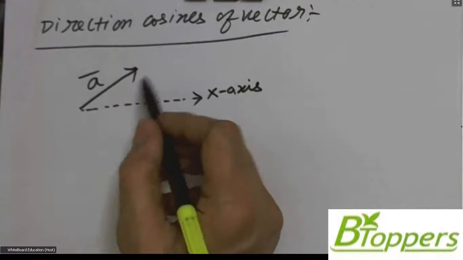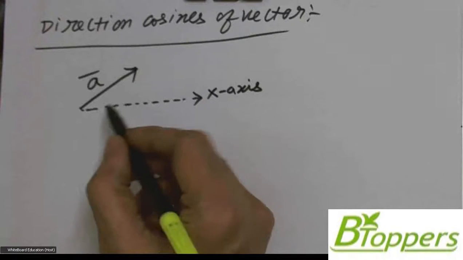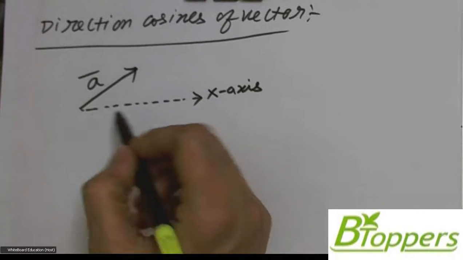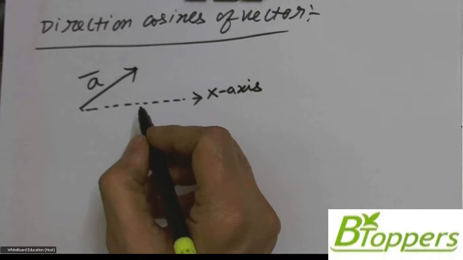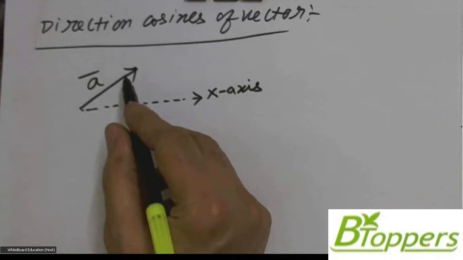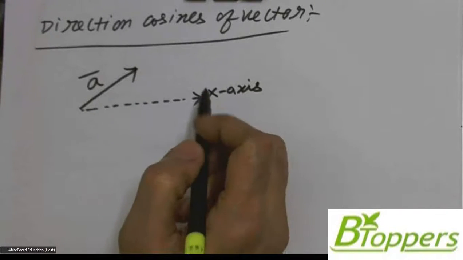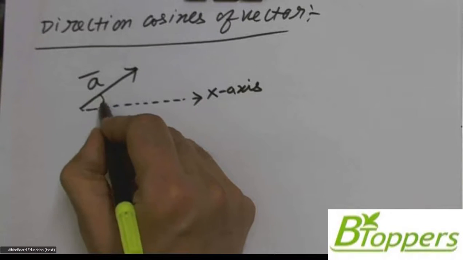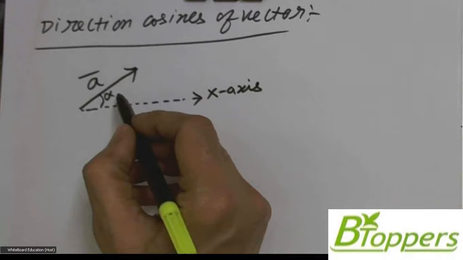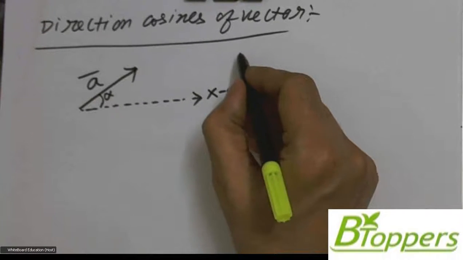That means in the diagram I am showing the plane which contains the vector A bar and the line parallel to the direction of positive x-axis. Let us suppose the vector A bar makes an angle alpha with the positive direction of x-axis.